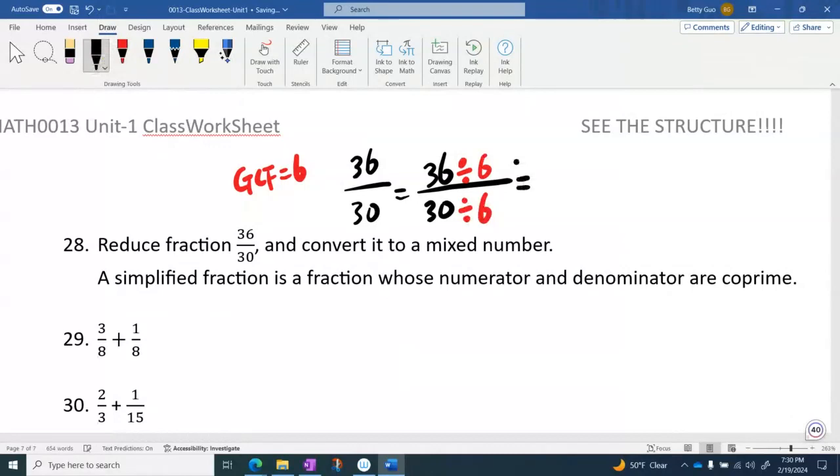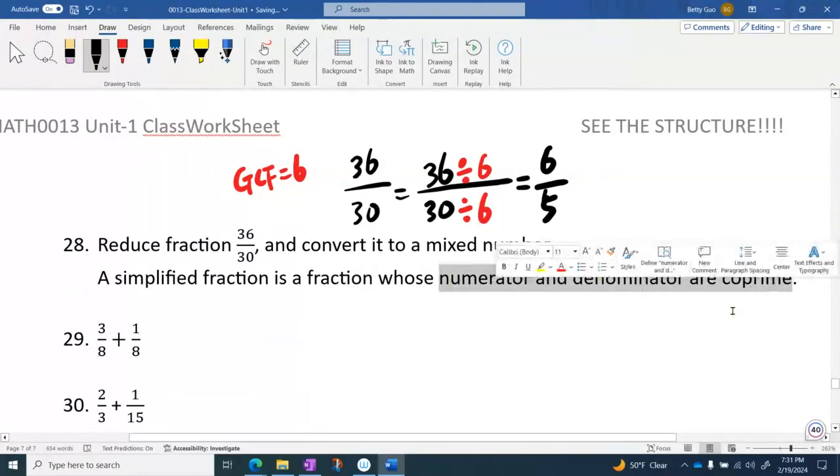Then you can simplify the fraction in one step. 36 divided by 6 is 6. 30 divided by 6 is 5. And that's it. 6 over 5 is a simplified fraction because the numerator and the denominator are co-prime.